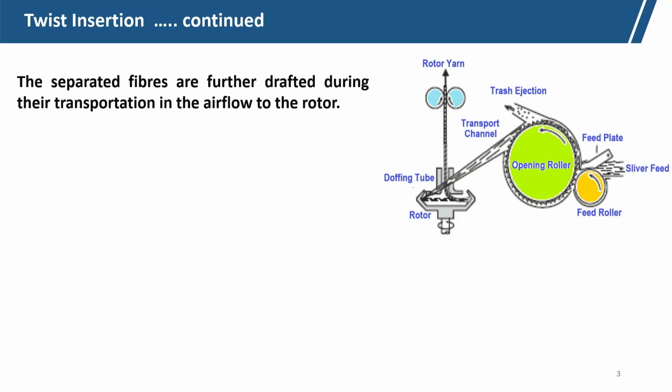Now, the separated fibers are further drafted during the transportation in the air flow to the rotor. During this transportation also, these fibers are further drafted. Here we can see the transport channel shape is conical.